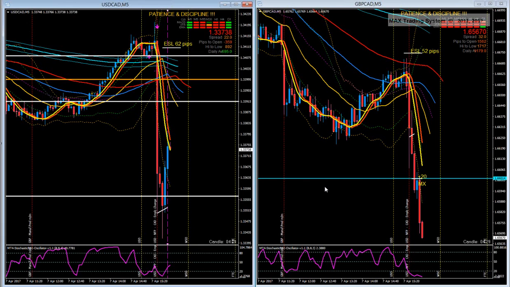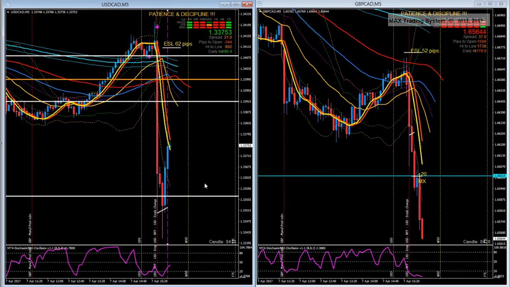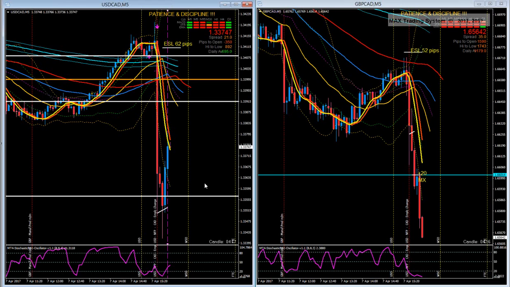Normally, if the market reacts rationally, we should see the price resuming to the downside with the USD CAD also. Normally. And when I say normally, don't interpret that as always. The term always never exists in the market, in trading.